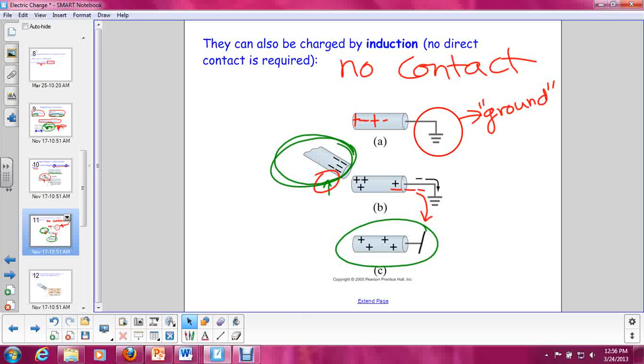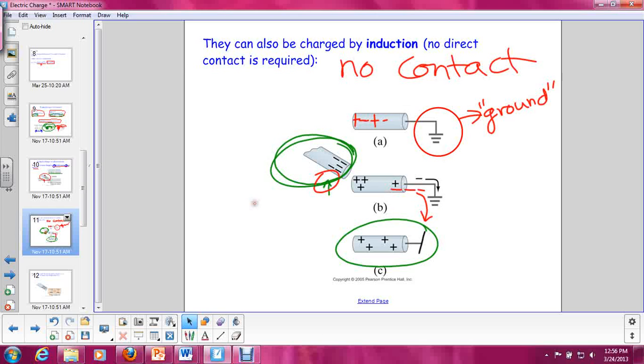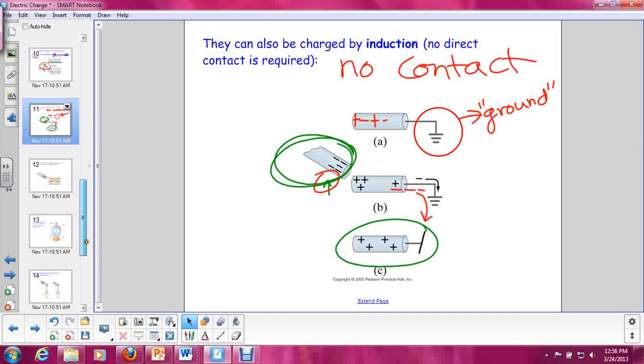You bring a negatively charged object toward it, and the electrons in your neutral object are like, oh no, I want to get away. So they run to the ground. And then if we cut off that path to the ground, they can't come back, and that object has lost those electrons. So that is induction. Induction has no contact.